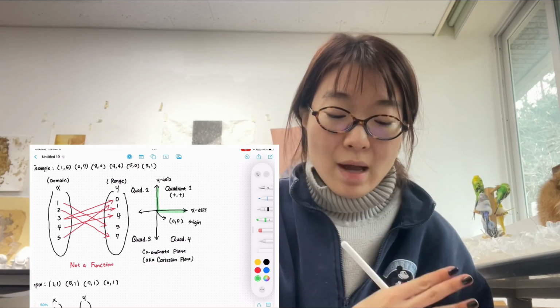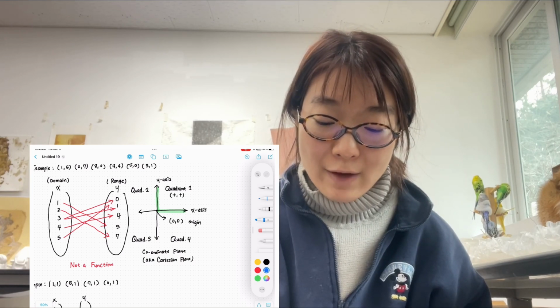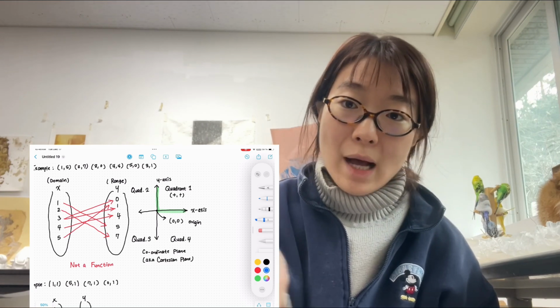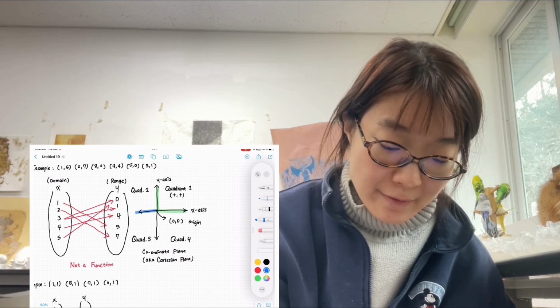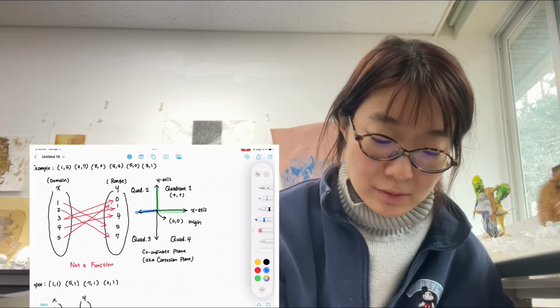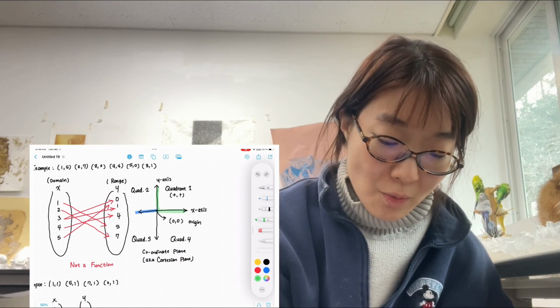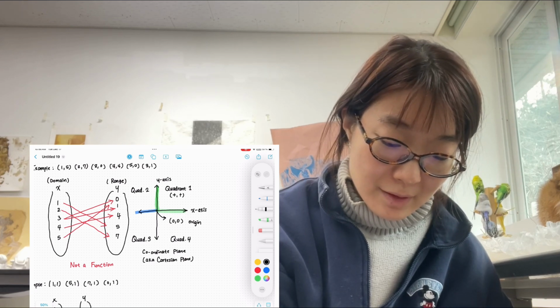When our coordinate point is in quadrant 2, now our x value is no longer in the positive section of the number line, but it is on the negative, correct? But our y value is still on the positive.